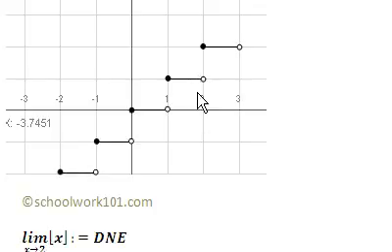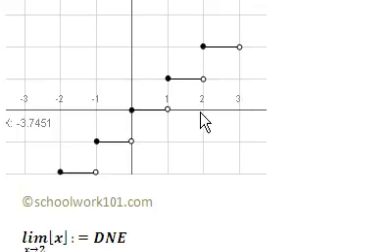As I get closer and closer to 2 from the left, it remains 1. And then coming in from the right hand side, it's staying constant, and it's going to be 2. So because coming in from the left and coming in from the right are 2 different numbers, the limit doesn't exist. Of course, we can easily see that just by looking at the graph because it's broken here.